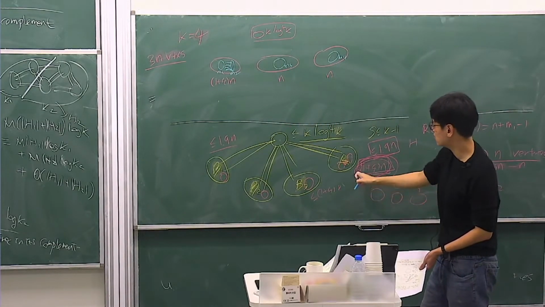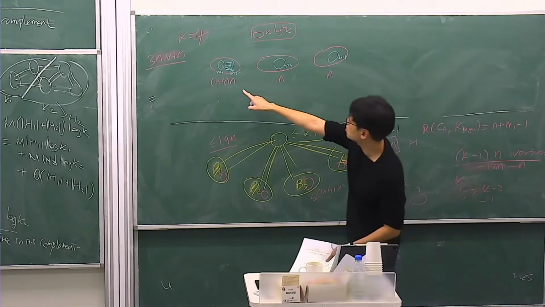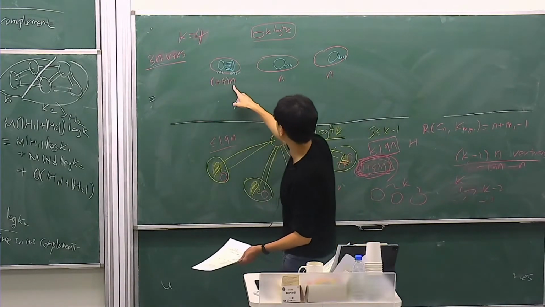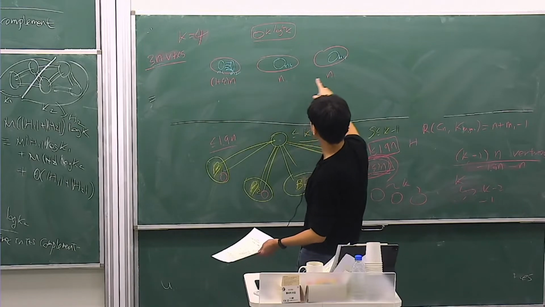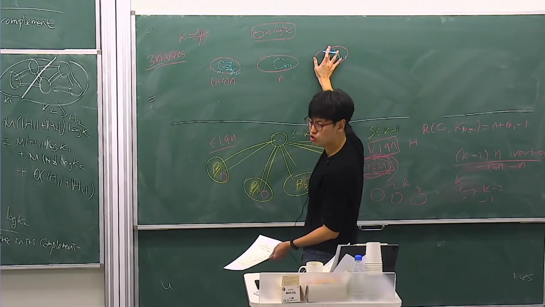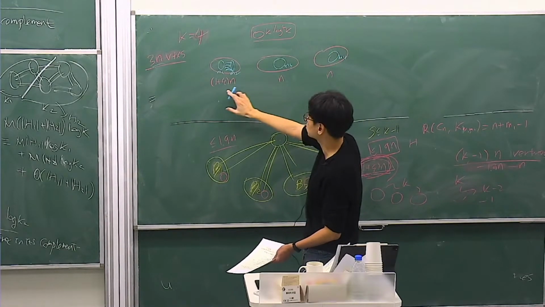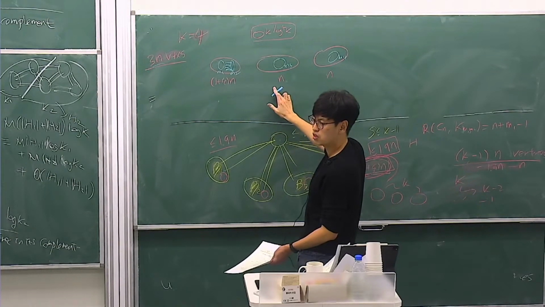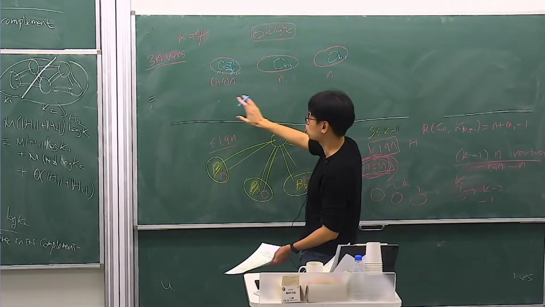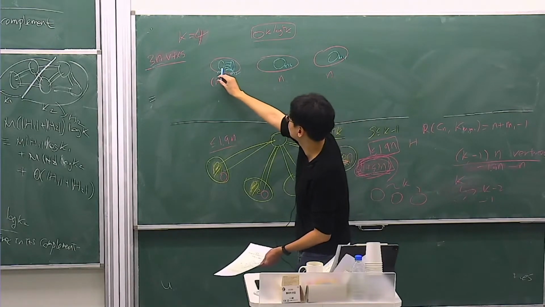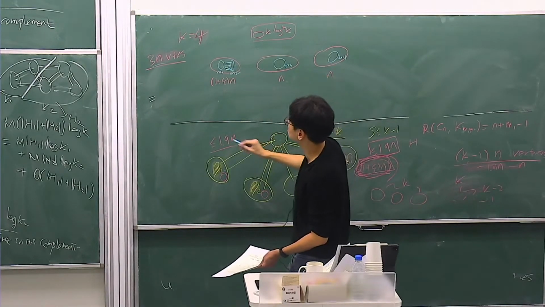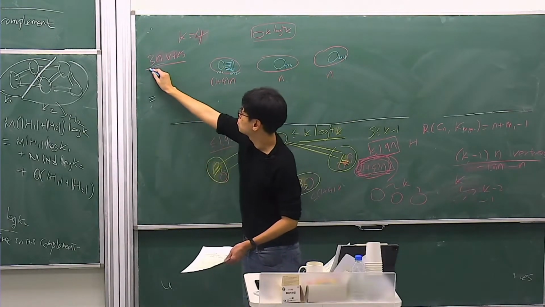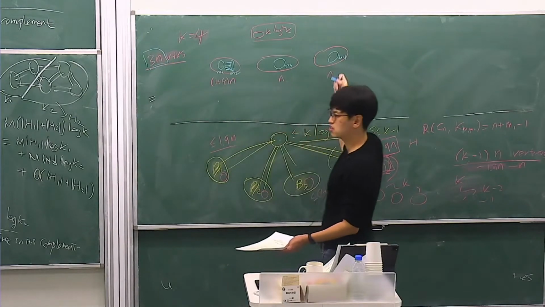But the number of vertices is 3n, so you must get 3 parts, right? There is no way that you get 2 parts because it's smaller than 1.9n. So you must get 3 parts where you can find 2, 1, 1, which give you H. Because of this number, you must get 3 parts.